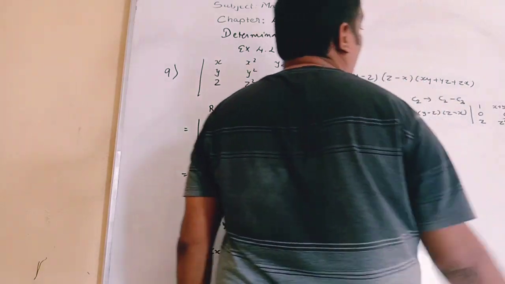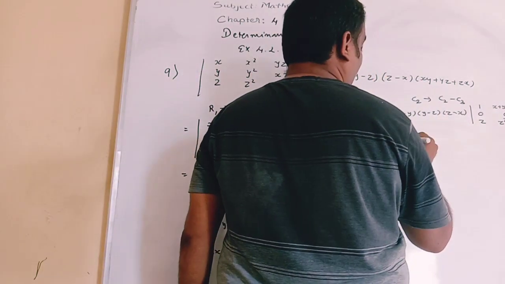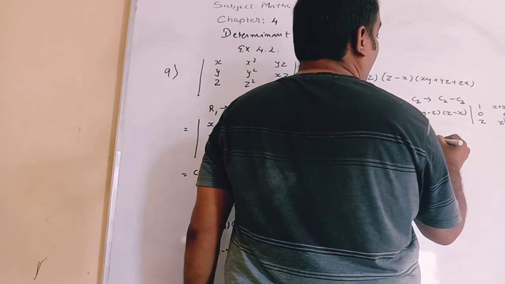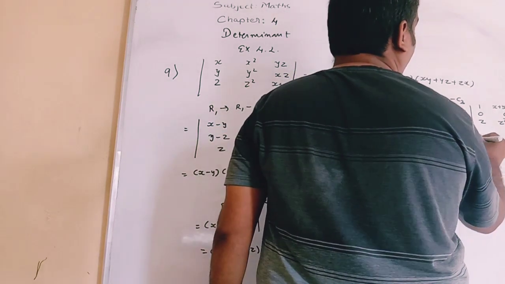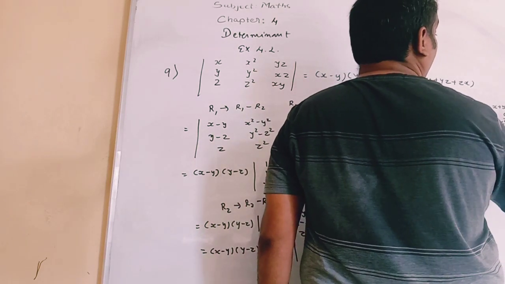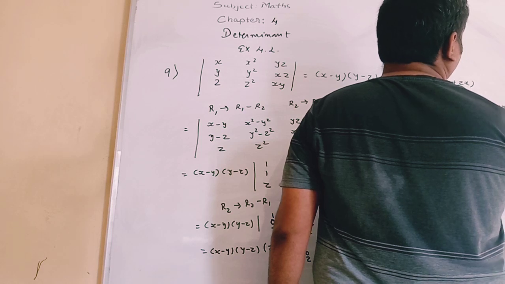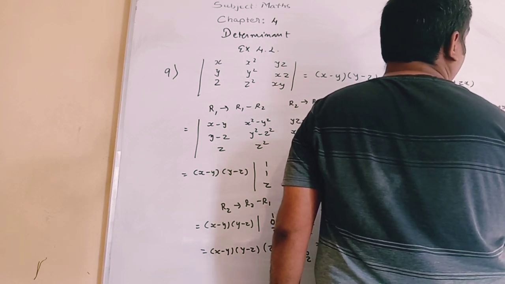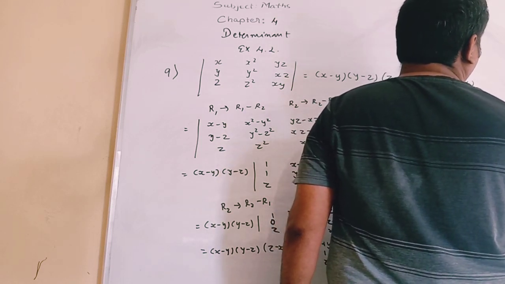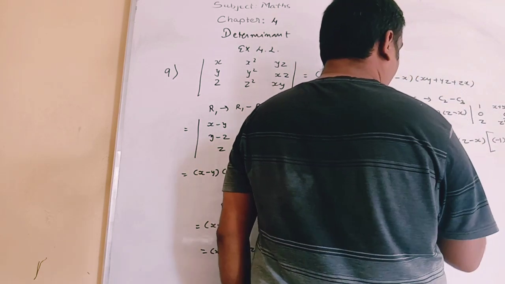Now with the second row we expand. So minus plus minus. So it is x minus y, y minus z, z minus x, and minus 1 into z 1 x plus y plus z, z square minus xy. So we take the cross multiply here.